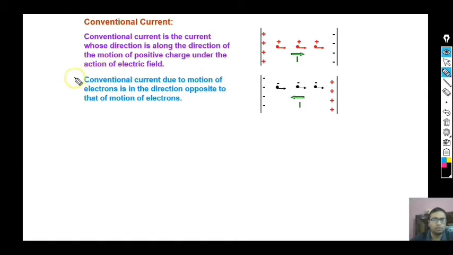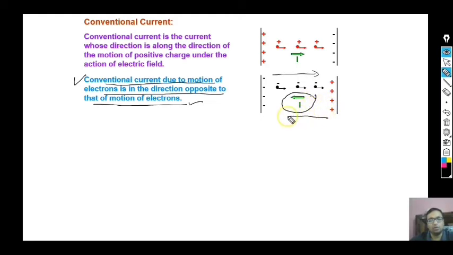Conventional current due to motion of electrons is in the direction opposite to that of motion of electrons. As electrons are moving from left to right, your conventional current will have its direction from right to left.